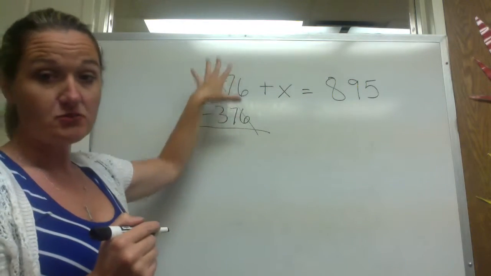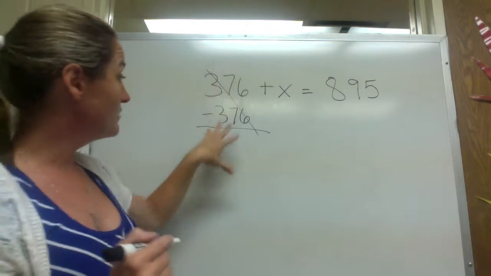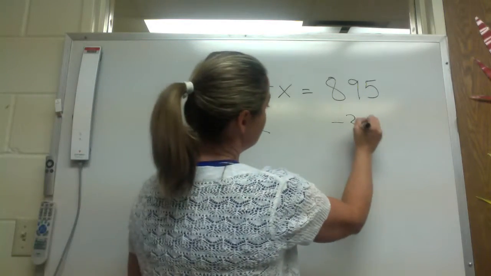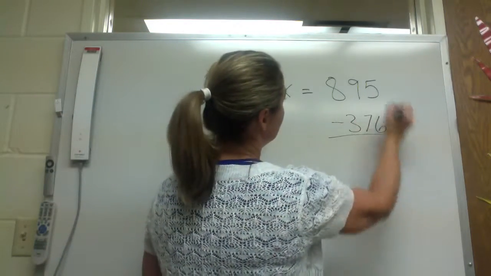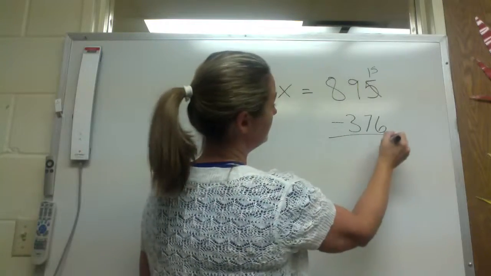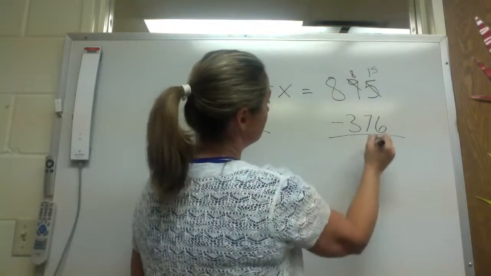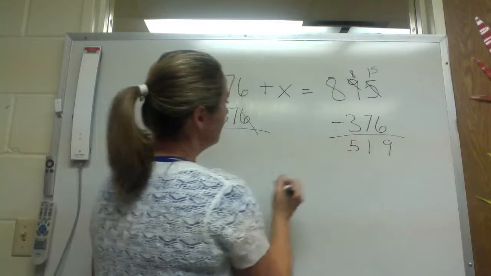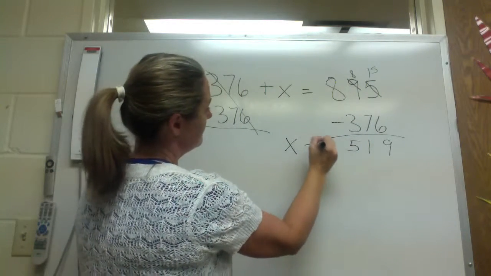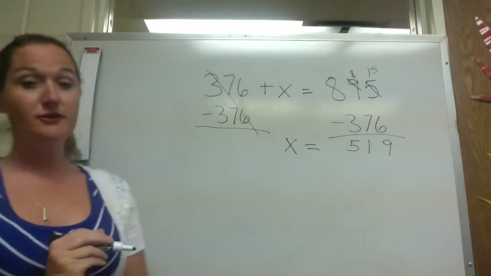So on this side, I subtracted 376 to make that go away, so I have to do the exact same thing over here. Okay, 895 minus 376 is 519. All right, so now x is equal to 519.